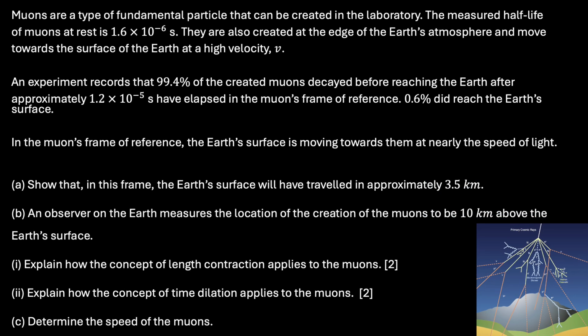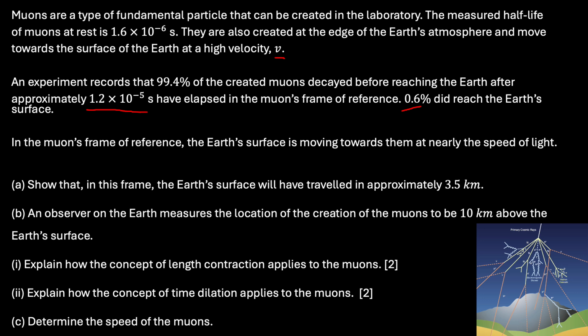We've got a bit of a description of these fast-moving muons, which we're going to calculate in question C. And it's saying that in the muons' frame of reference, only a short amount of time has passed, so 0.6% of them are still being detected on the Earth's surface from the original amount.